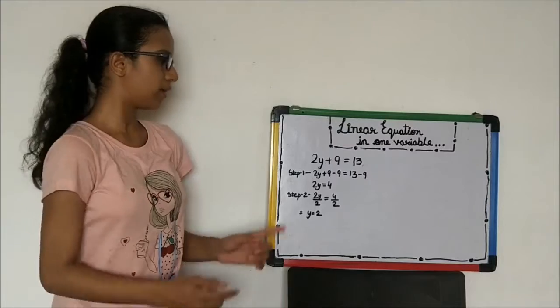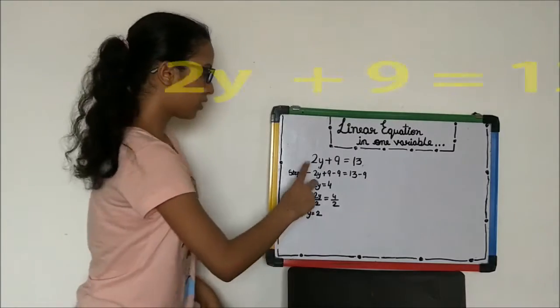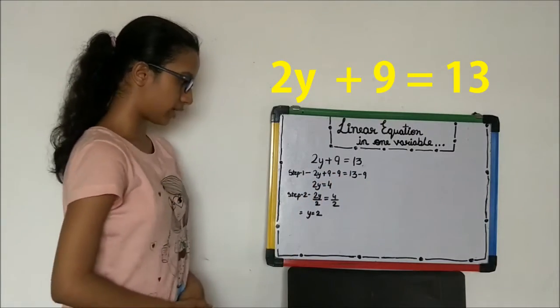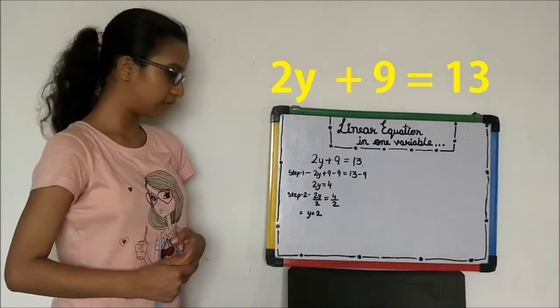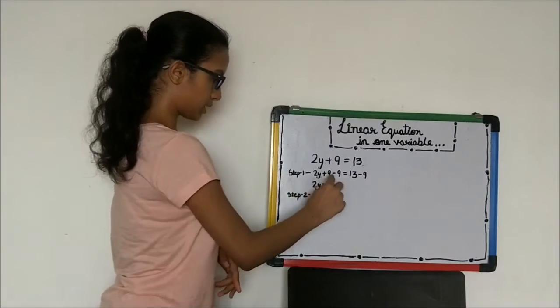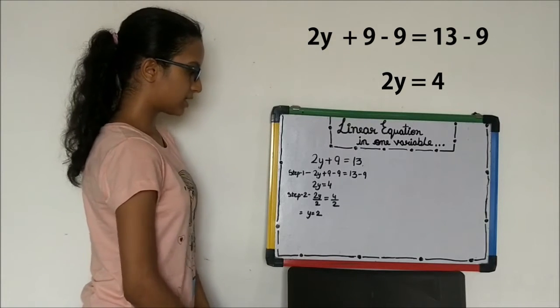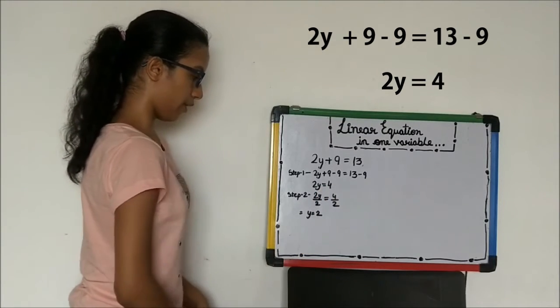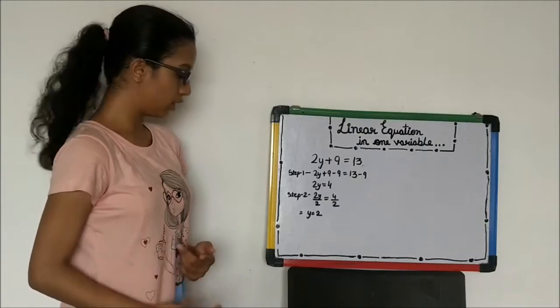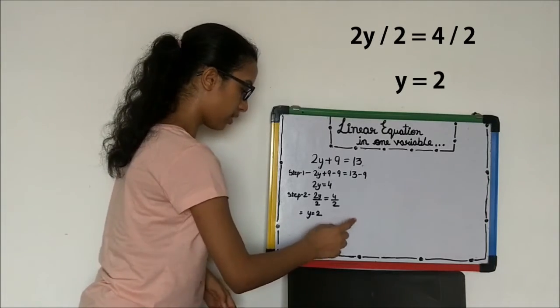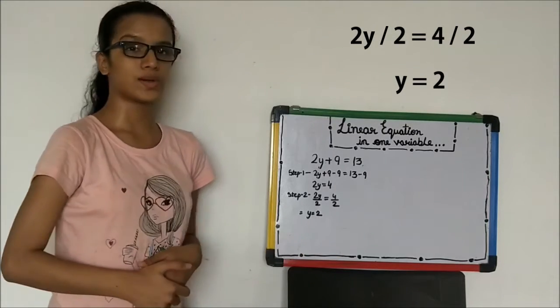Okay, so now let's try out this sum. 2y plus 9 equals 30 and we have to find the value of y. So our step 1 is to subtract 9 from both the sides and so we get the answer as 2y equals 4. Our step 2 is to divide by 2 on both the sides and then we get the answer as y equals 2.